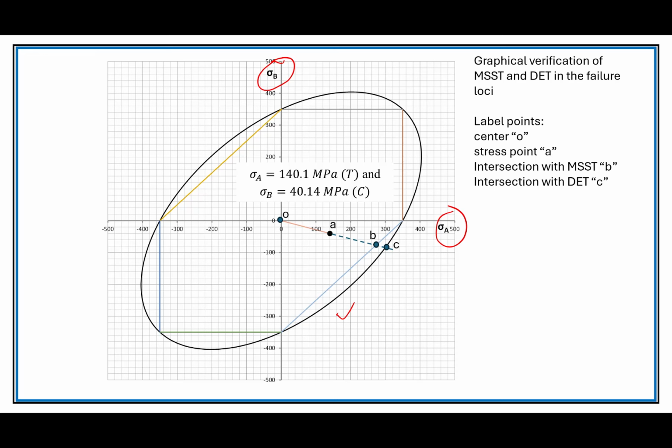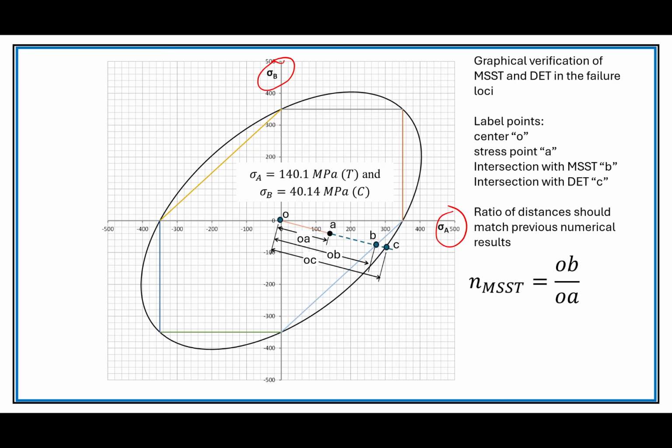And we could graphically compare the results here, and the ratio of the lengths should coincide with what we found from the equations for the safety factor. So I'll take a look at OA, and I take a look at OB, and then also measure OC.